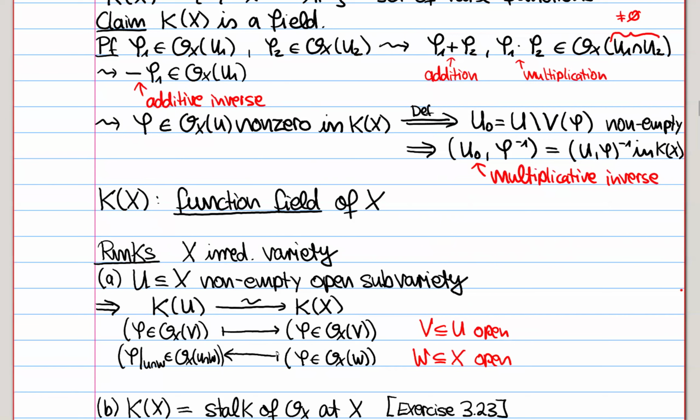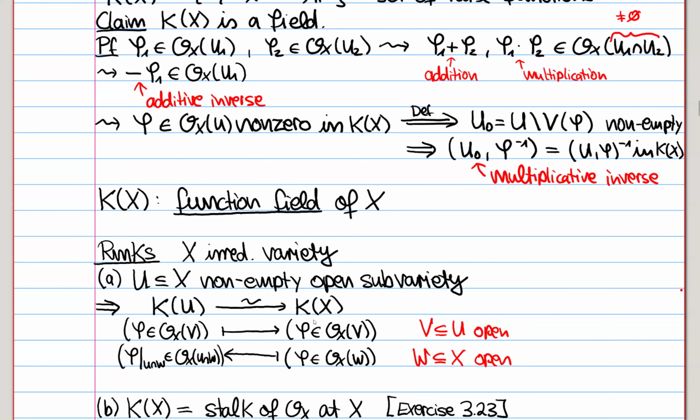You just start with something defined on some open subset W inside X. And then to get an element of K(U), you just restrict this to the intersection of U with W. And you can check that both compositions are isomorphisms, also respecting addition and multiplication.